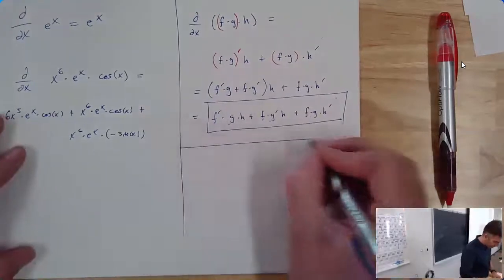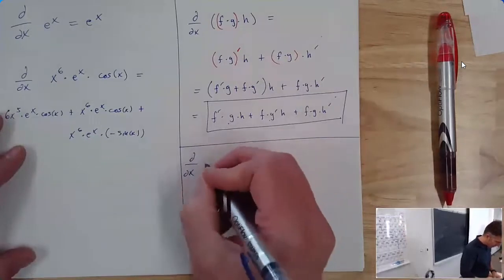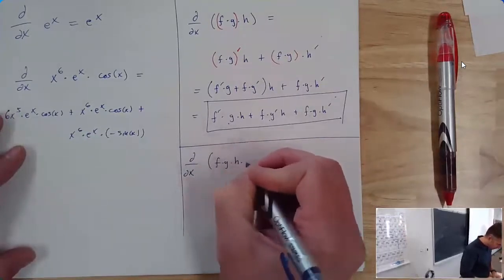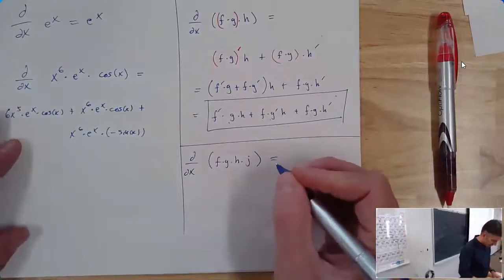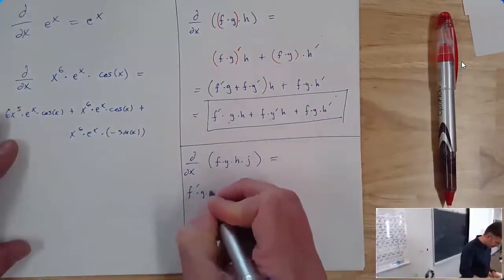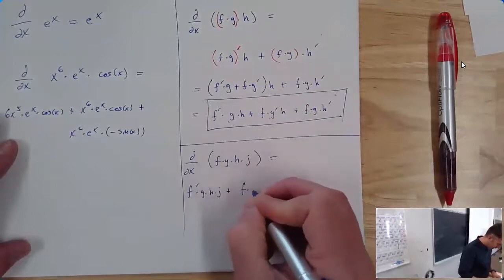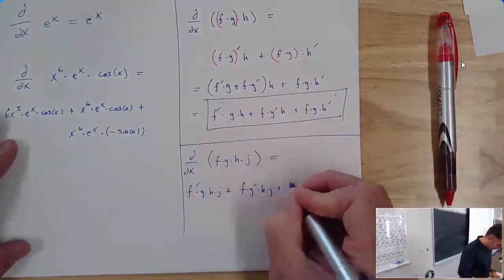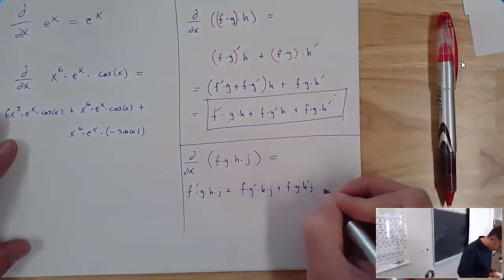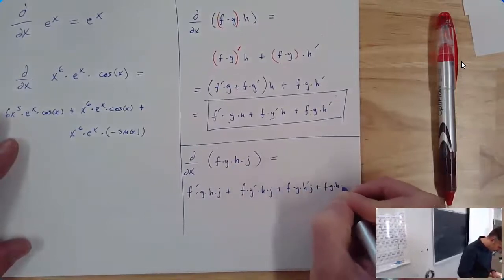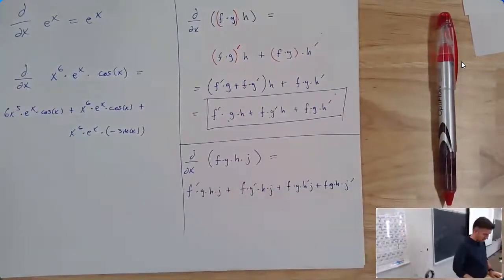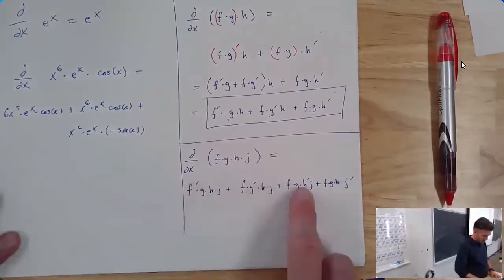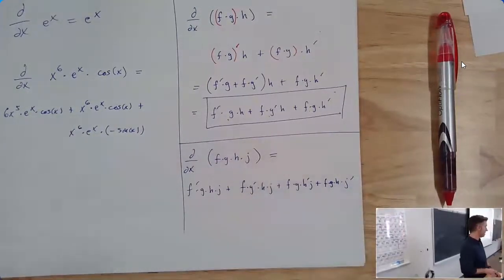So we could analogously say that the derivative of a product of 4 things, f, g, h, and j, is going to be f prime times g times h times j plus f times g prime times h times j plus f times g times h prime times j plus f times g times h times j prime. Product of 4 things, 4 pieces, and each piece has one derivative and the other 3 not derivatives, and each function gets its derivative taken once.